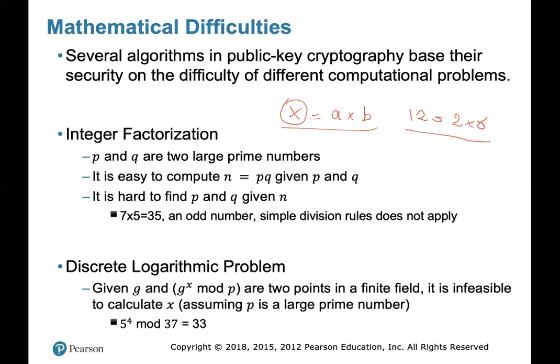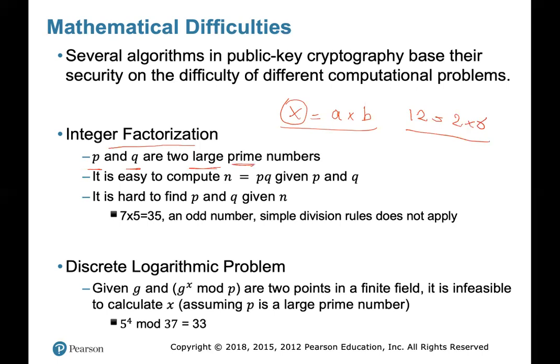And the reason we talk about factorization is that in asymmetric encryption, we derive the keys in a way that makes factorization very difficult. So let's take a look at factorization given two numbers, P and Q, which are large prime numbers.